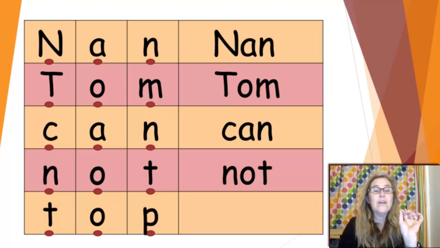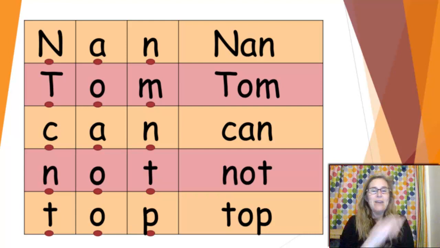And let's write the word top. Awesome job using sound boxes and spelling words. We have the words Nan, Tom, can, not, and top. Awesome job. Pat yourself on the back.